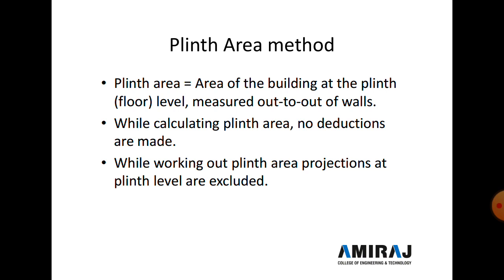Now next is the plinth area method. The second method is the plinth area method. Plinth area is equal to the area of the building at plinth or floor level, measured outer to outer of the wall. While calculating the plinth area, no deduction is made for a staircase, lift, garbage, electric meter cabin, and ducts for sanitary.